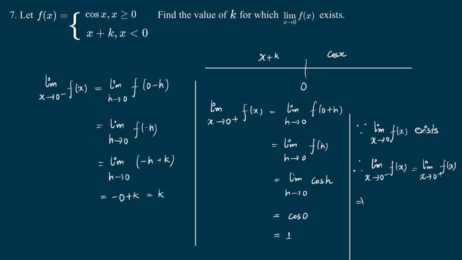And as you know, the left hand limit we have calculated has come k, and the right hand limit has come 1, and hence the value of k is 1.